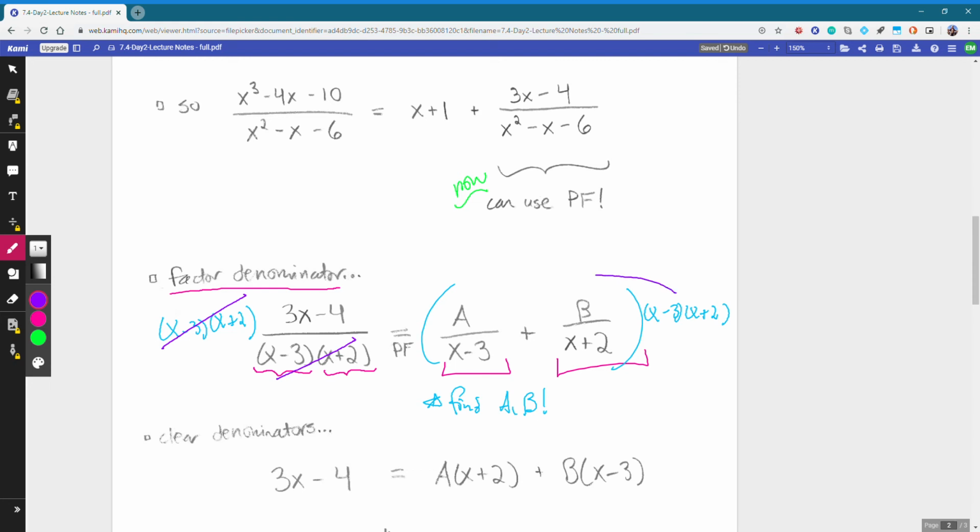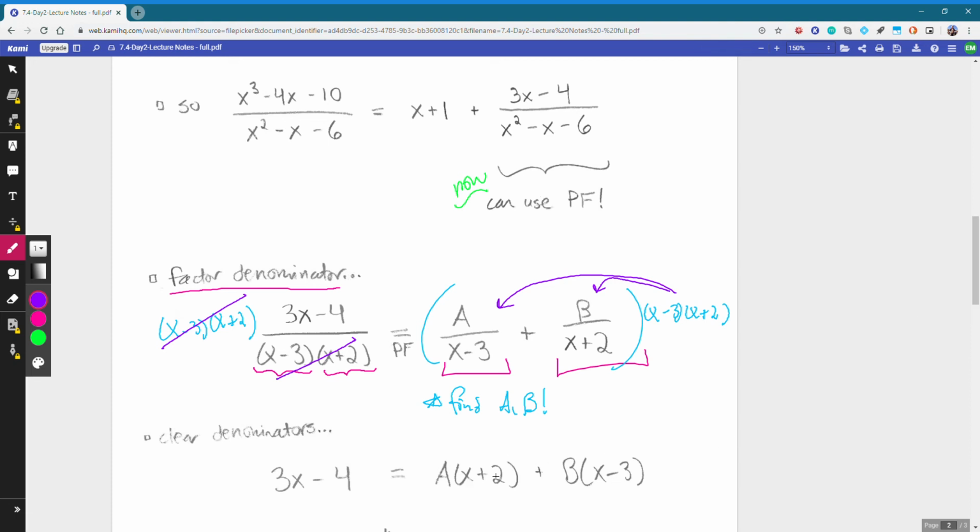And on the right, when we distribute this through, the x minus 3's will cancel on the left term, and the x plus 2's will cancel on the other. And so here's what we're left with when the dust settles. And at this point, we remember that this equation is going to hold for any and every x, and so let's plug in some x's to get some equations involving our unknowns that we want to find.